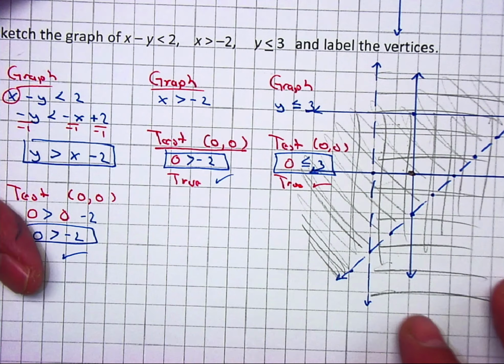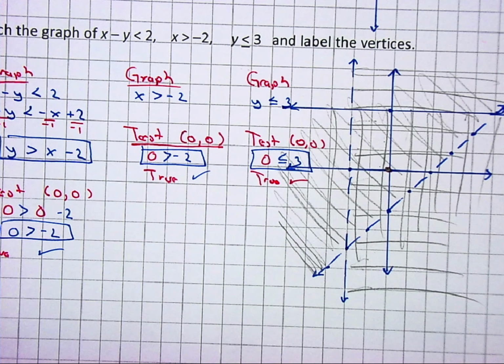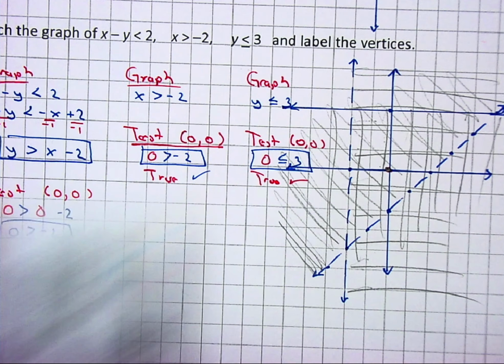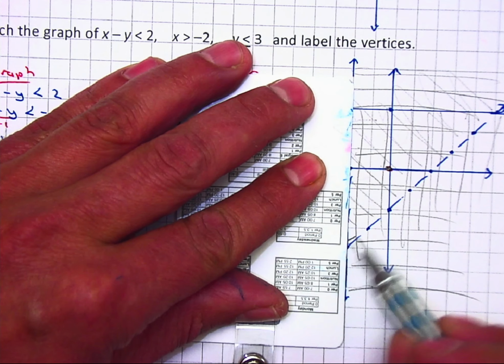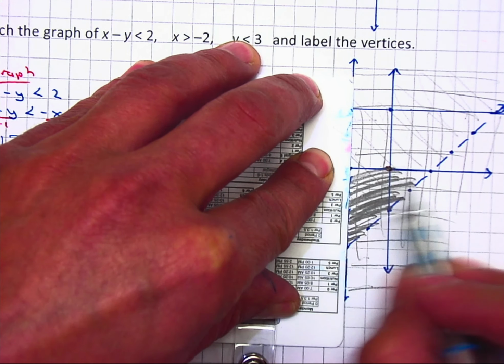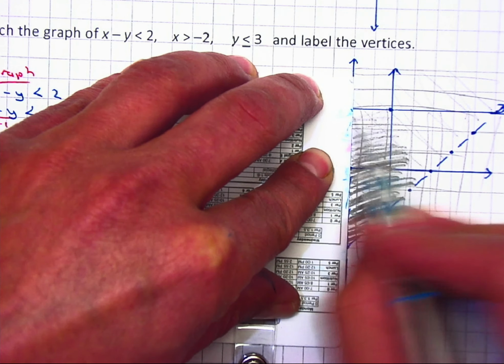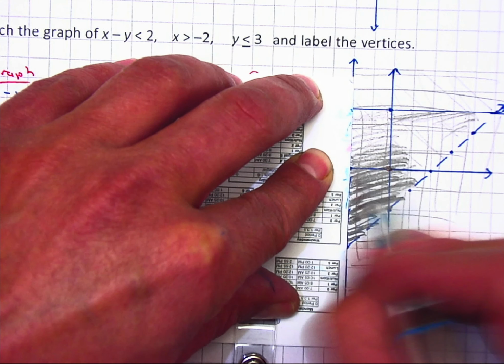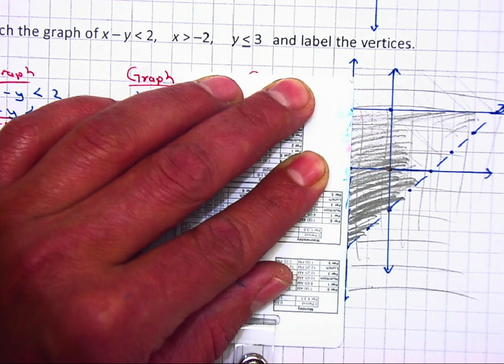If you notice, the section that is shaded 3 times is going to be this triangle here. Because this is enclosed, we see that this is bounded, where example number 1 was unbounded. Let me use a pencil, makes it a little faster.